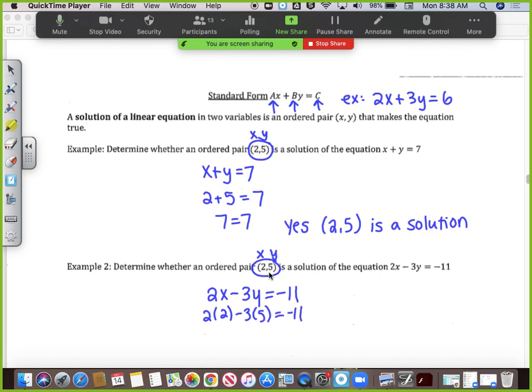We're going to see if that equals negative 11. So 2 times 2 is 4, minus 3 times 5 is 15. And then we would just solve this. 4 minus 15 is negative 11. Because negative 11 equals negative 11, this would be true. Yes, it is a solution.